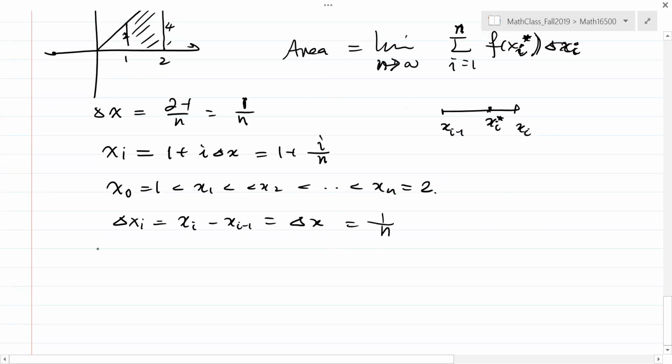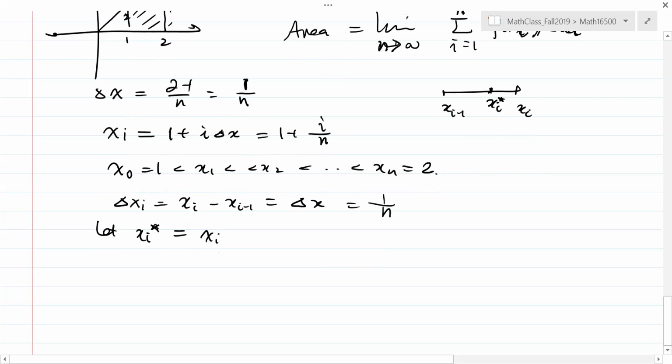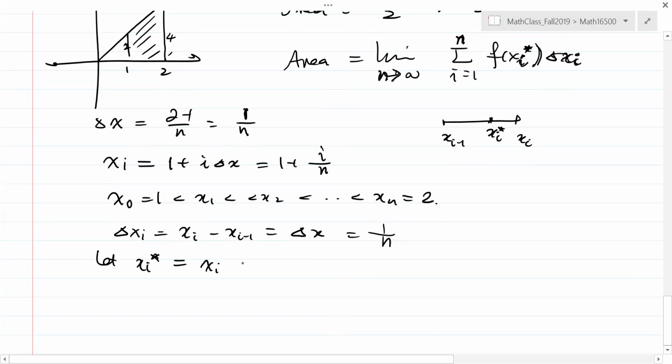I can take x_i star to be any number; I'm going to decide to use x_i, the right-hand point, which is 1 plus i over n.